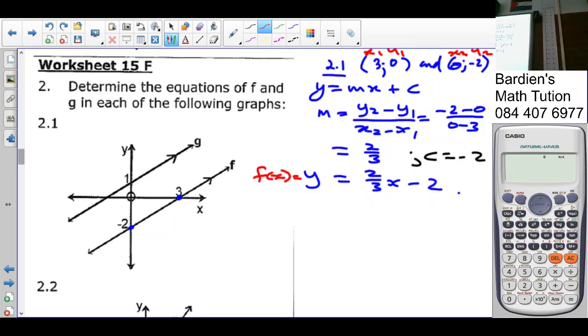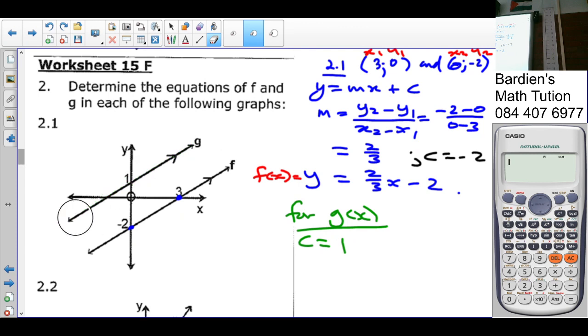Right. So for g of x, what do we know about g of x? We have a y-intercept. So the c value is 1. But what else do we know? These lines are parallel.